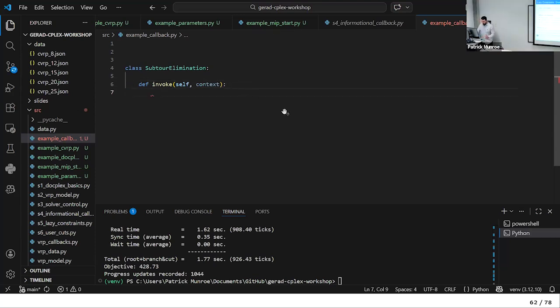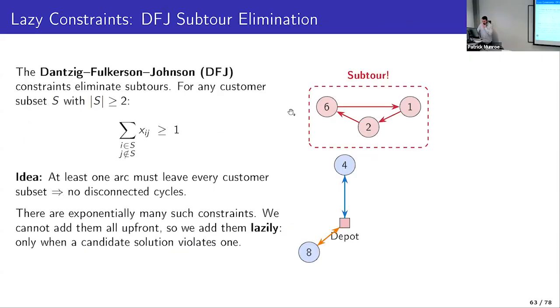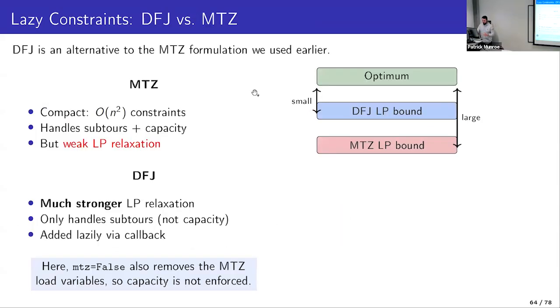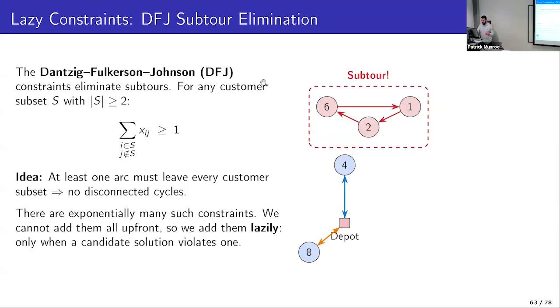What we want the callback to be doing is, and I will go very quickly over that, we'll just implement some new constraints inside the callback. They are called the DFJ subtour elimination constraints. It's important to mention that it doesn't take capacity into account, so it's not exactly the same problem that we solved before.